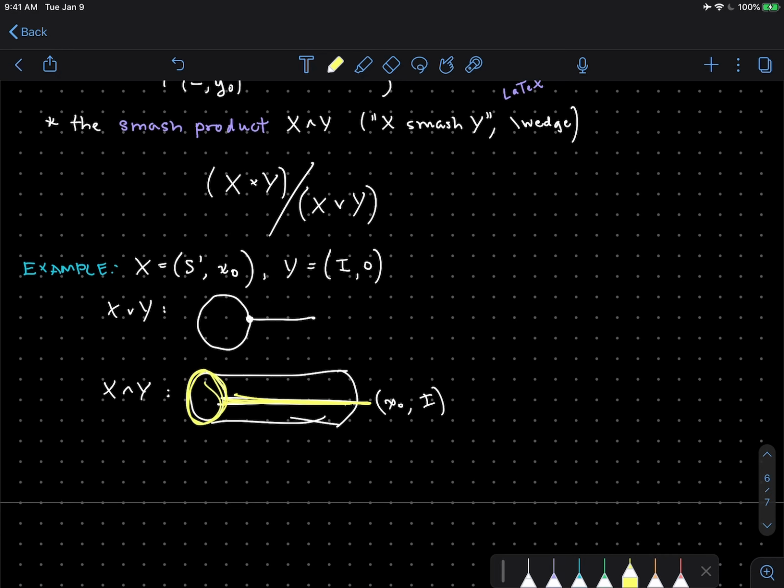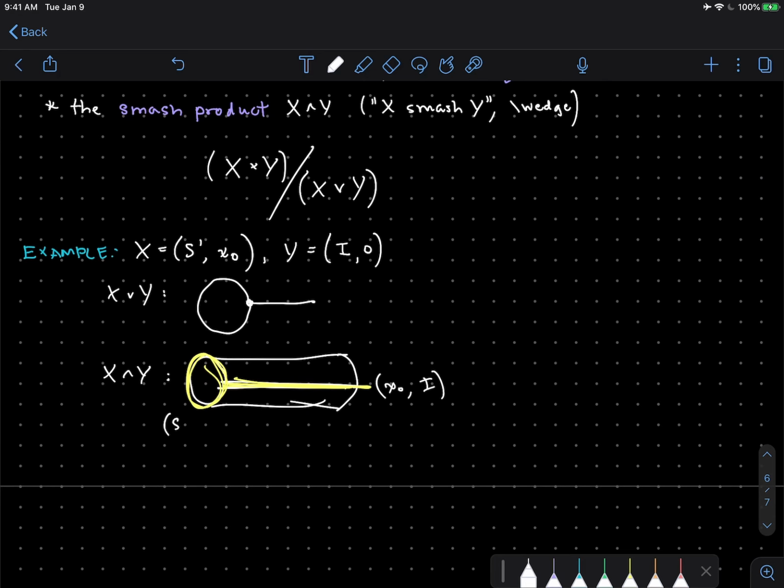This circle here is S1, comma, 0. So what's the quotient space when we quotient out? Well, it's going to look like first the cone here, and then we quotient and collapse this line to 0, which just gives us the disk.